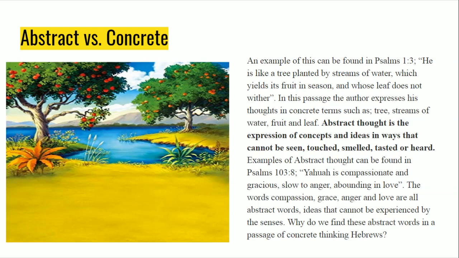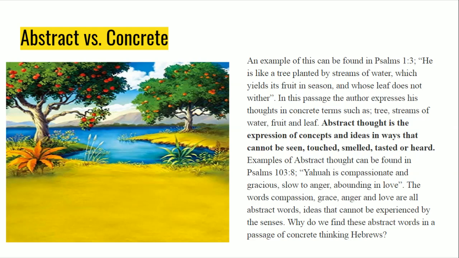He is like a tree planted by streams of water, which yields its fruit in its season, and whose leaf does not wither. In this passage, the author expresses his thoughts in concrete terms such as tree, streams of water, fruit, and leaf. Abstract thought is the expression of concepts and ideas in ways that cannot be seen, touched, smelled, tasted, or heard.